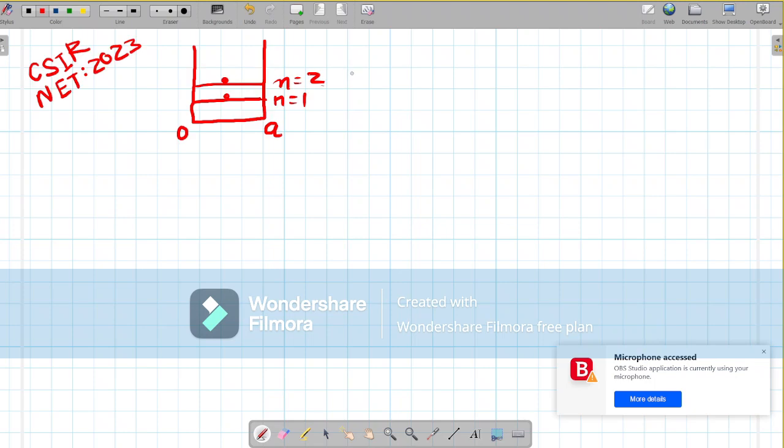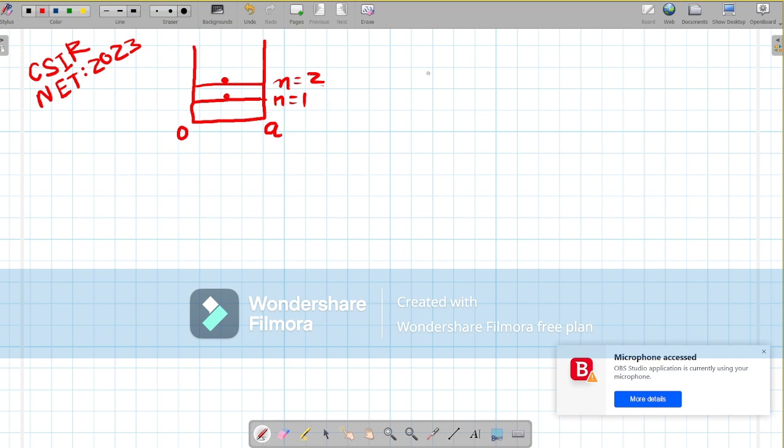Hi, dear friends. This is a memory boost question from CSIR NET 2023, which was held on 8th of June. The question is like that: there is an infinite potential box of width a, and there are two distinguishable particles kept inside the one-dimensional infinite box.